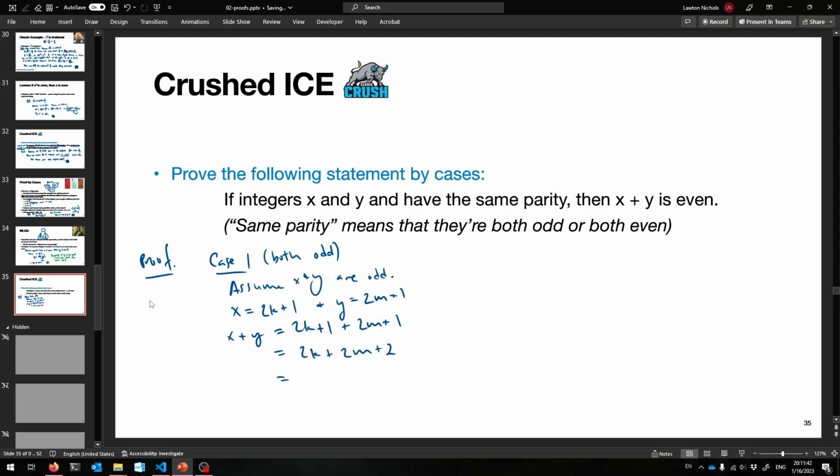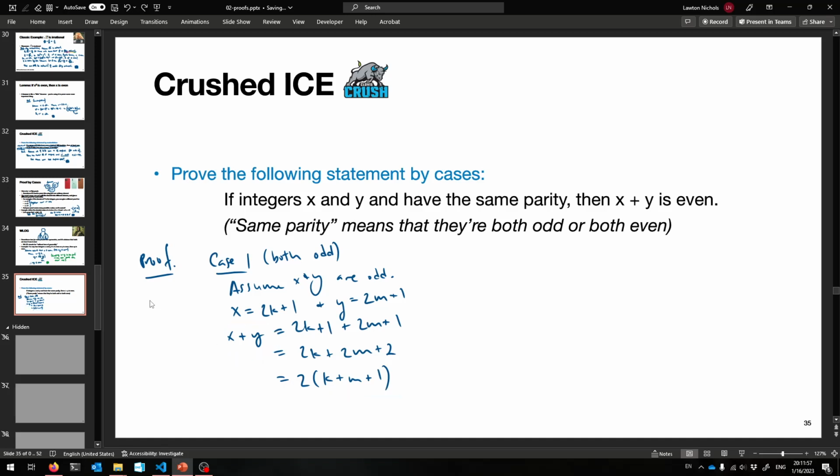And if I take out a 2 of all of those things, I have 2 times (k plus m plus 1), and this is an integer times 2, and that means this thing is even.